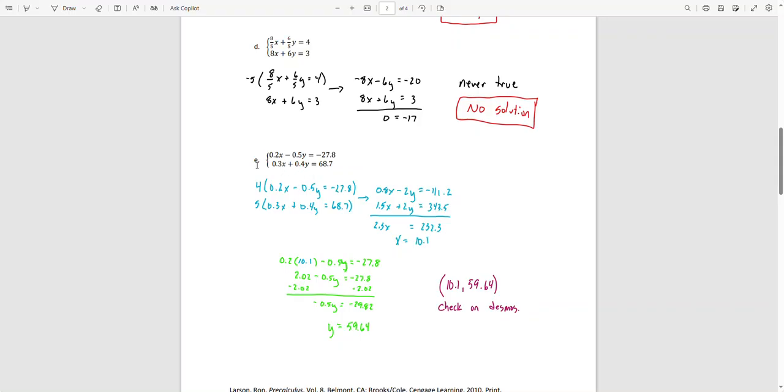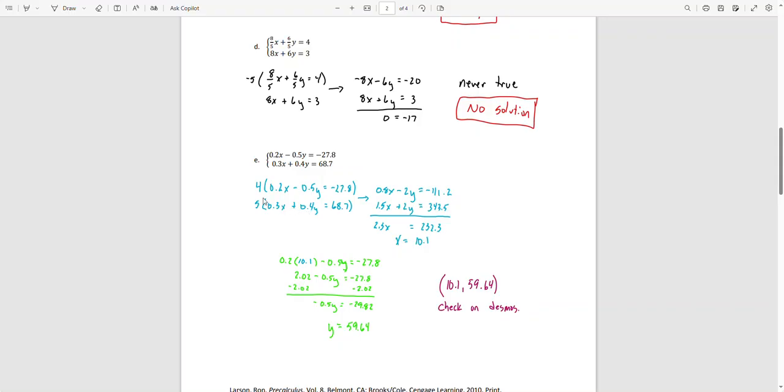As I look at system E, I see that my y values have opposite signs. So I need to figure out what to multiply 0.5 by and 0.4 by so I can get them to be the same number. Well, it's a 5 and a 4. So let's use 4 and 5, right? 4 times 5, 5 times 4, should get the same answer.